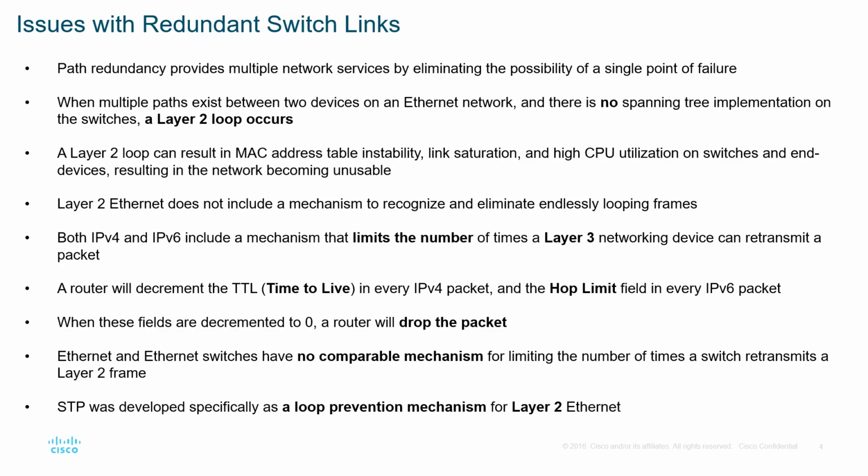When these fields are decremented to 0, a router will drop that packet. Ethernet and Ethernet switches, however, have no comparable mechanism for limiting the number of times a switch transmits a layer 2 frame. So STP was developed specifically as a loop prevention mechanism for layer 2 Ethernet.